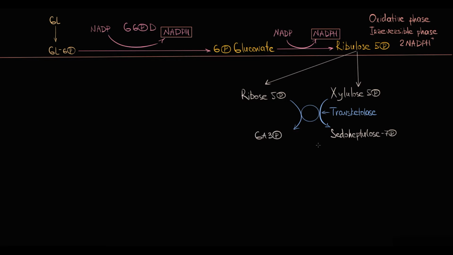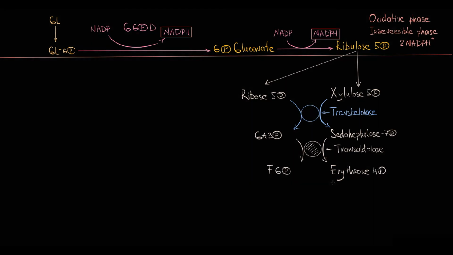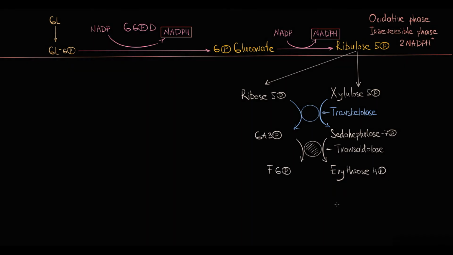And now these two metabolites react with each other. This reaction is catalyzed by Transaldolase enzyme with formation of erythrose 4-phosphate and fructose 6-phosphate. And erythrose 4-phosphate reacts with xylulose 5-phosphate in reaction catalyzed by Transketolase with formation of glyceraldehyde 3-phosphate and fructose 6-phosphate.